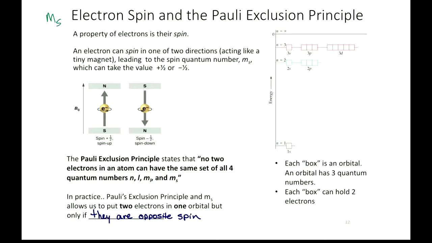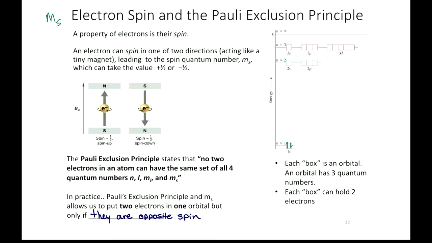That kind of screws things up for us a little bit, because we want to be able to put 2 electrons in each box. 2 electrons can go in each orbital, but the only way we can do that is if their 4th quantum number is different. So this is why we put electron spin up and spin down in these boxes.